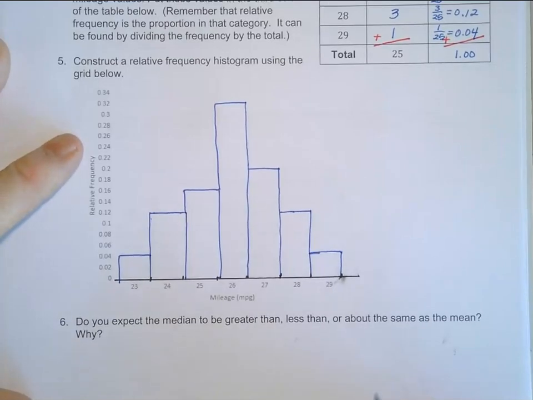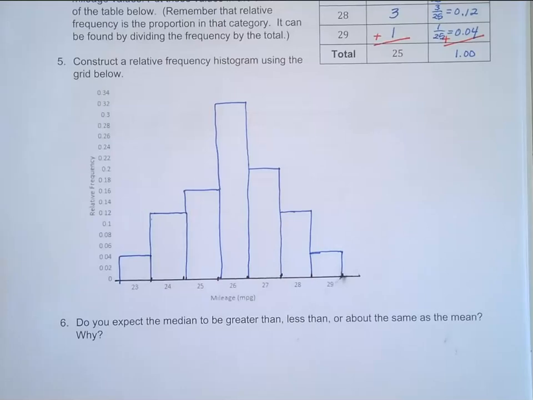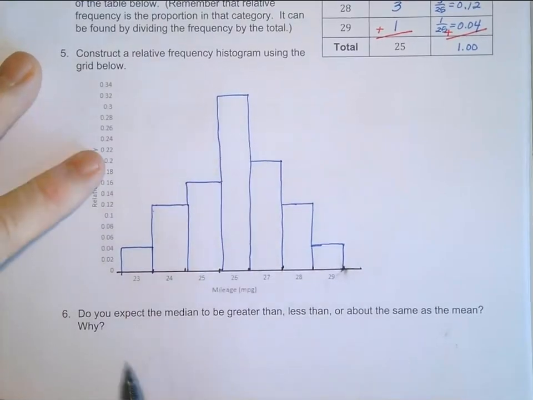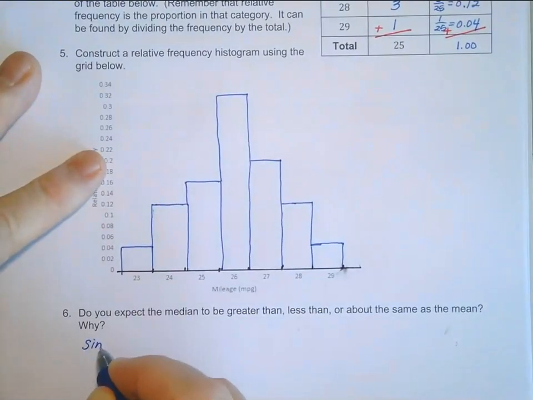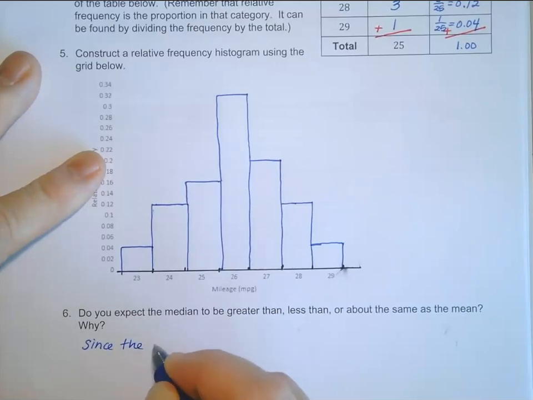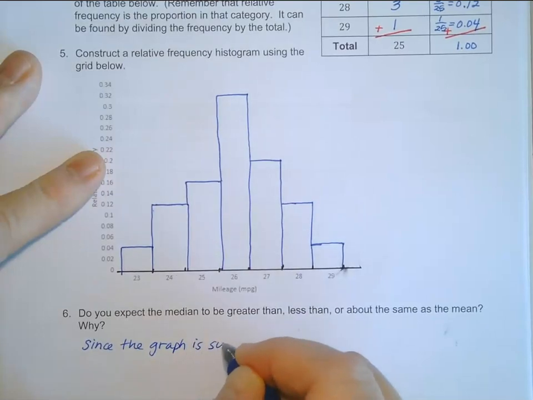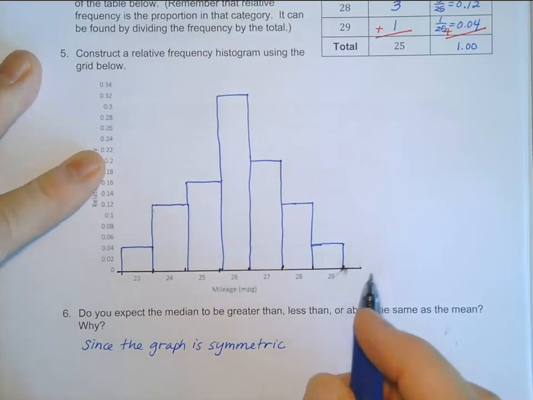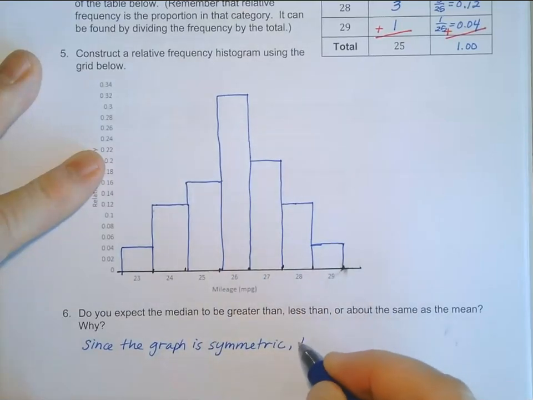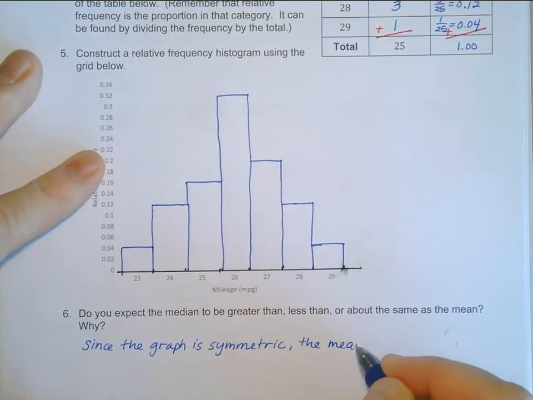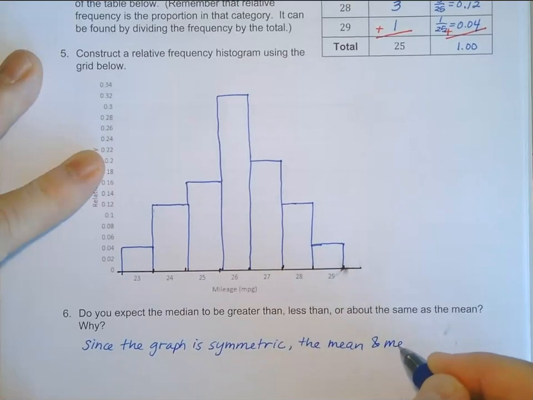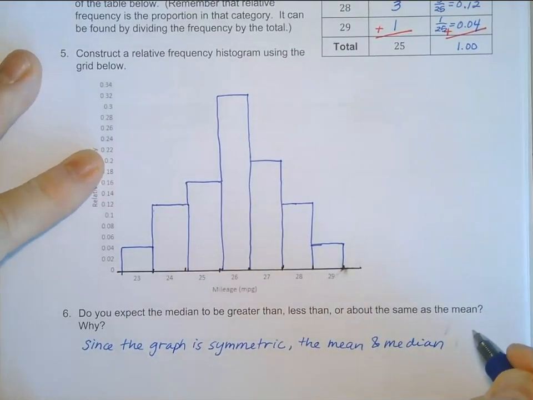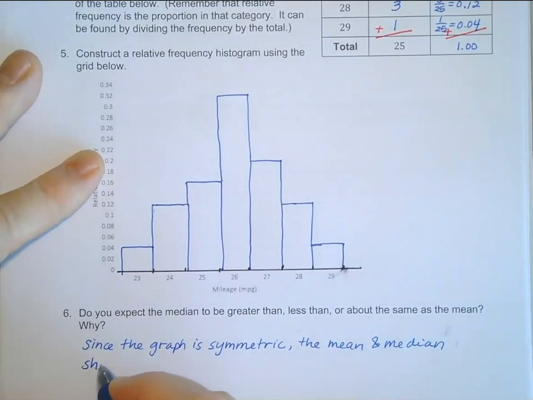So since the graph is symmetric, then we would expect the mean and the median to be approximately the same, right? So I'll write here, since the graph is symmetric, the mean and the median should be approximately equal.